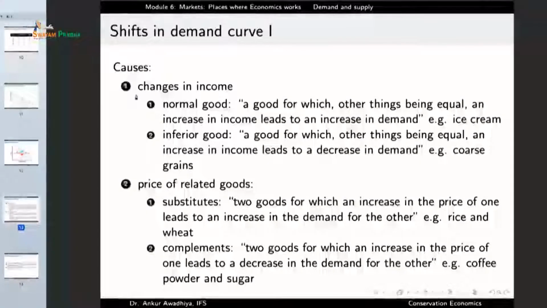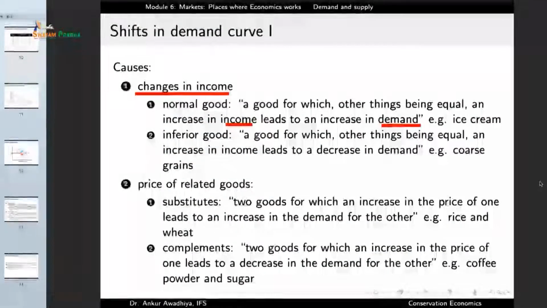So, changes in income will lead to changes in the quantity that is demanded at any price. Now, when we are talking about the normal good or the inferior good, we are only talking about changes in income which is leading to a change in the demand. This change in the demand will be at any price. So, suppose earlier the ice cream was available at 10 rupees. You start earning more, so you demand more ice cream at 10 rupees.